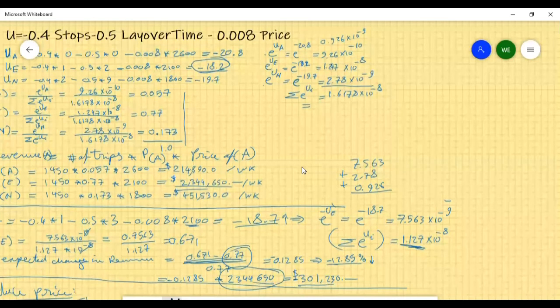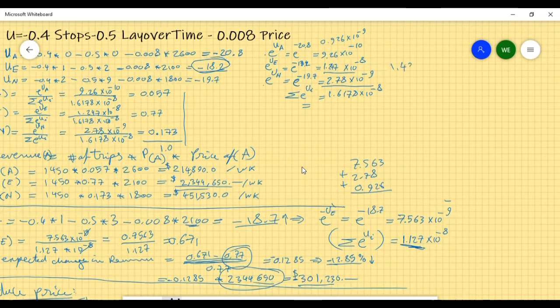This instead of this is going to be 1.434 times 10 to the power minus 8.